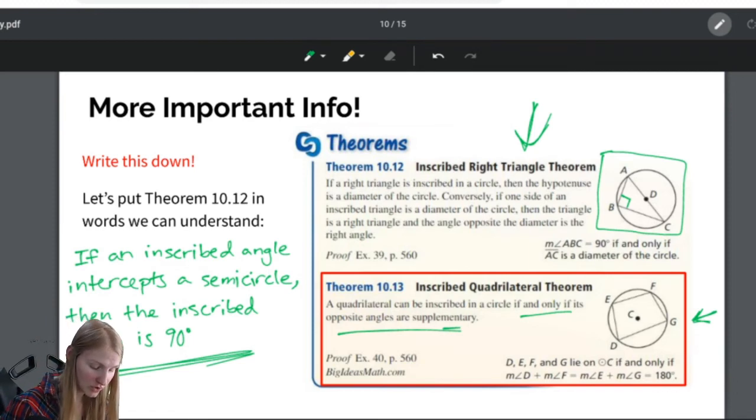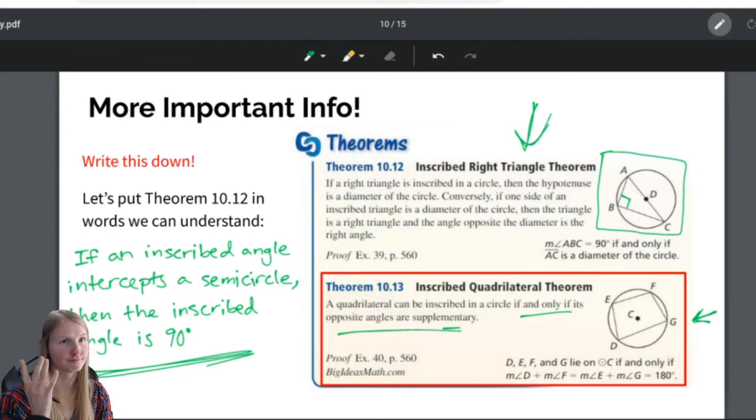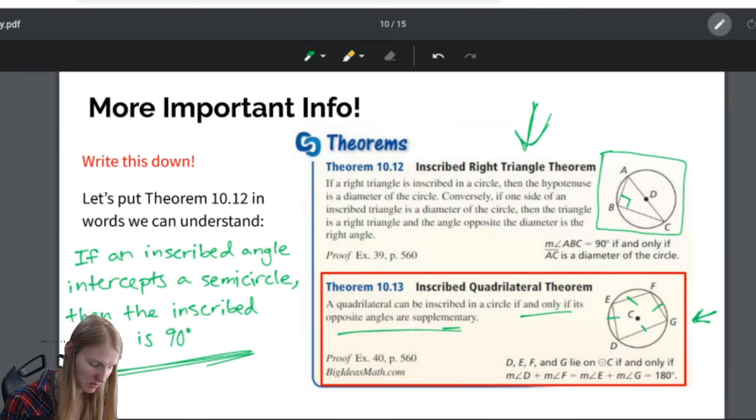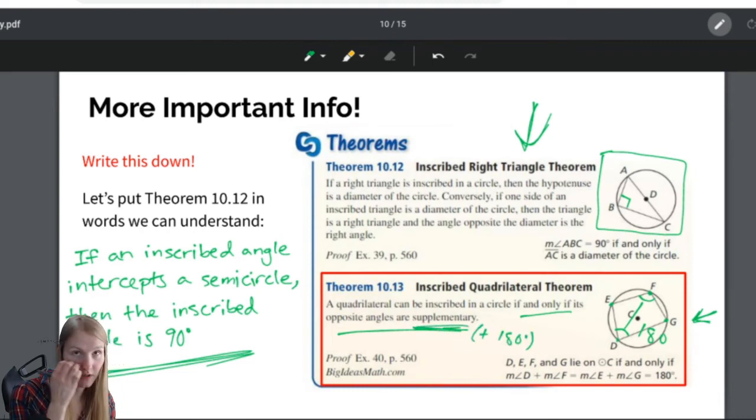So if you see a quadrilateral, quad means four, a four-sided shape, if you see a quadrilateral perfectly with all of the vertices on a circle, that means that the opposite angles have to add up to 180 degrees. That's what supplementary means. Supplementary means that they add up to 180 degrees.